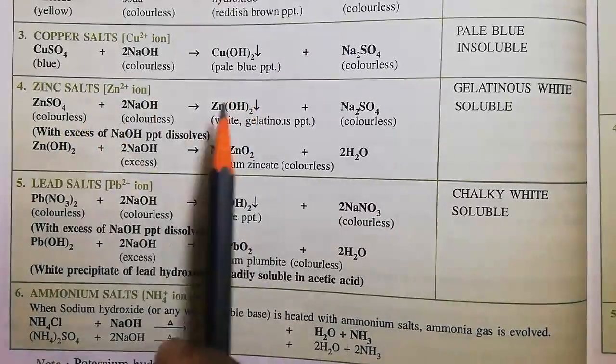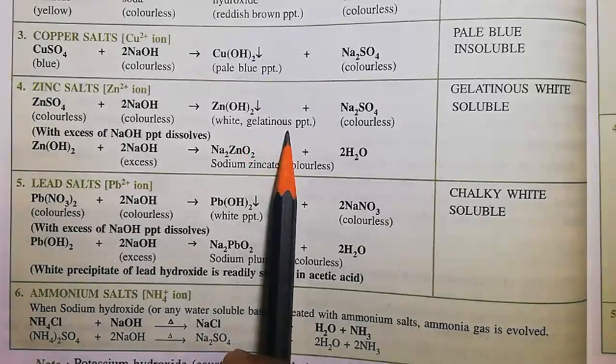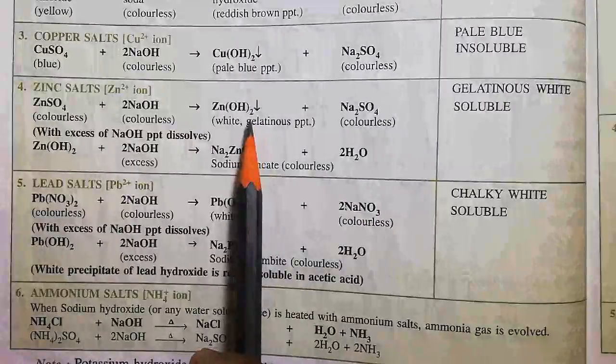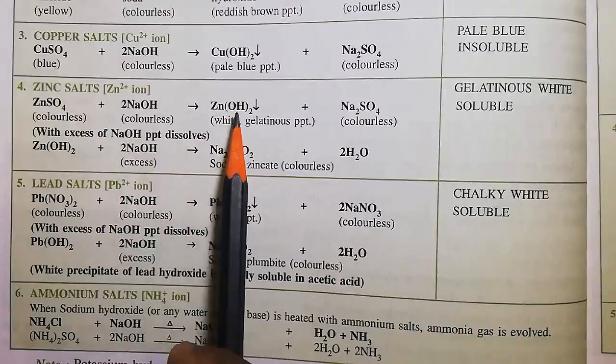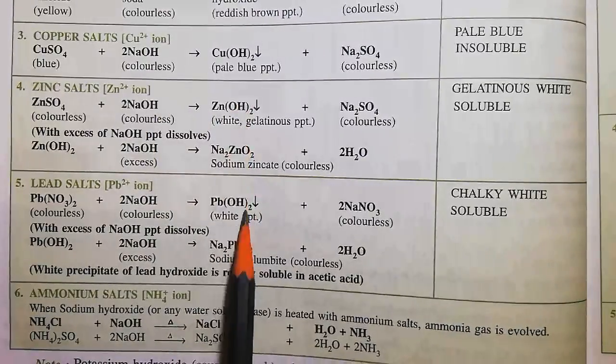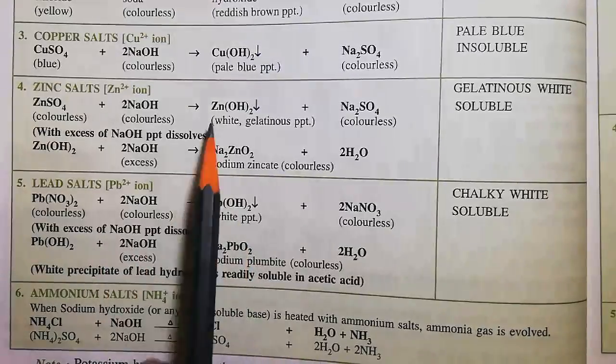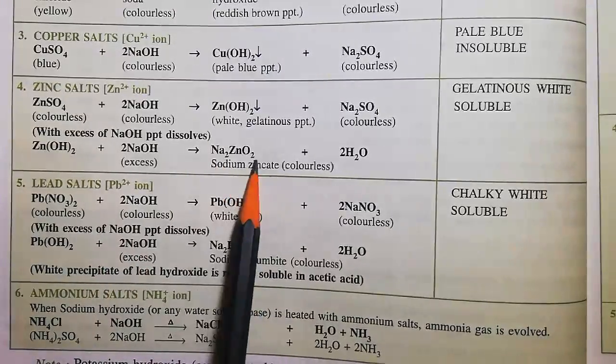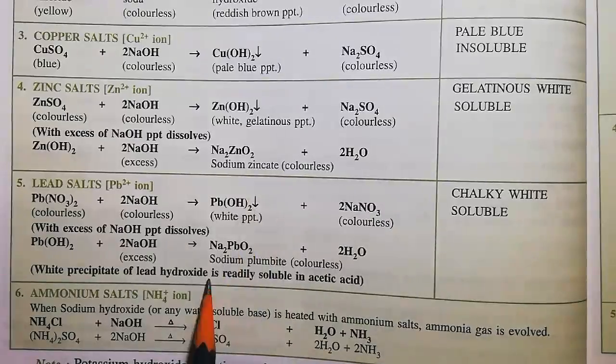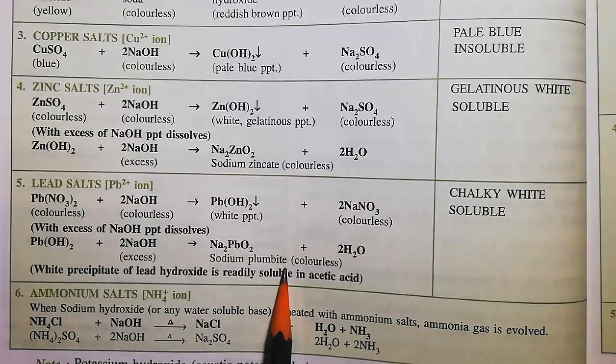And for zinc, it is zinc hydroxide, white gelatinous. But you must remember, for zinc and lead, these two hydroxides are soluble in excess NaOH, with the formation of sodium zincate and sodium plumbite salt.